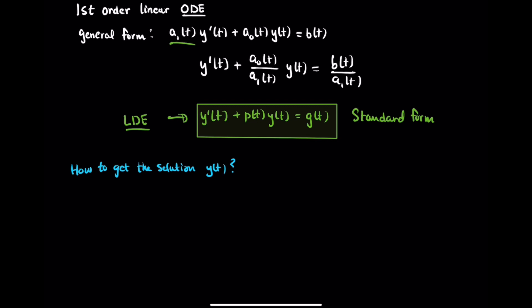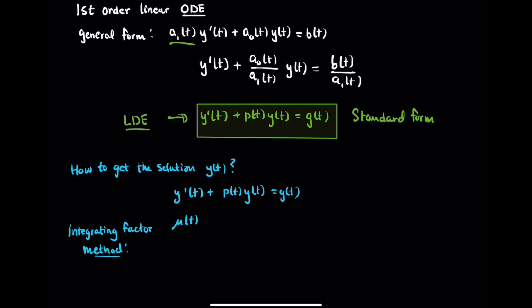All right, so again, our equation is y'(t) + p(t)y(t) = g(t). So we need to get what's called an integrating factor, right? This is using the integrating factor method. So I should probably write that down. There's another way of doing this, I think, but I don't know. I like this way.